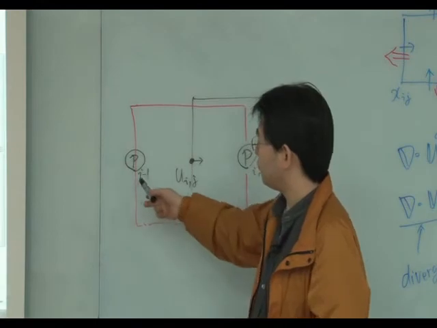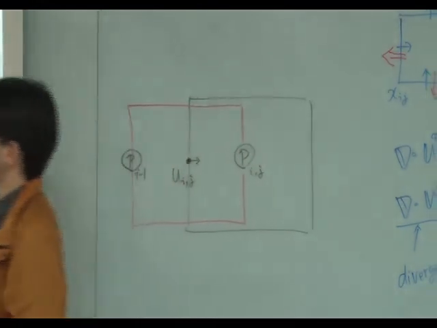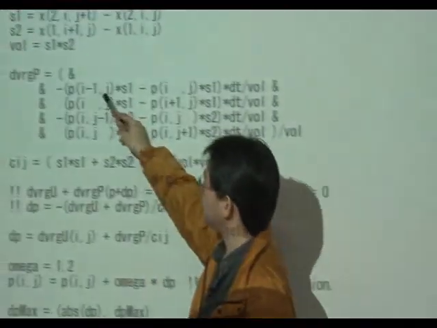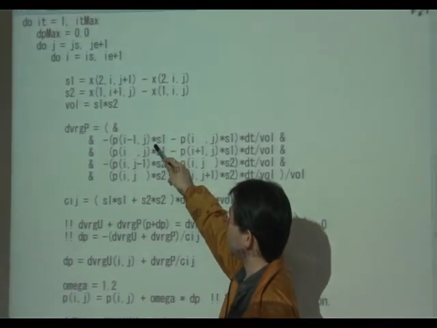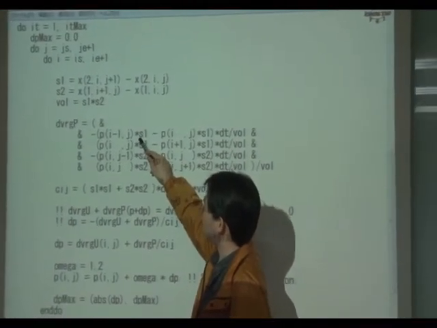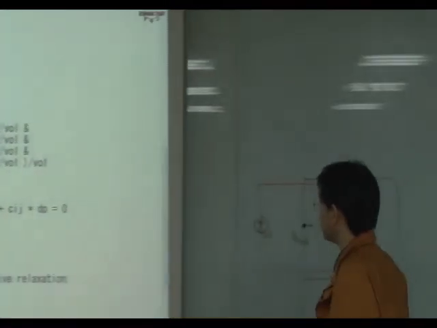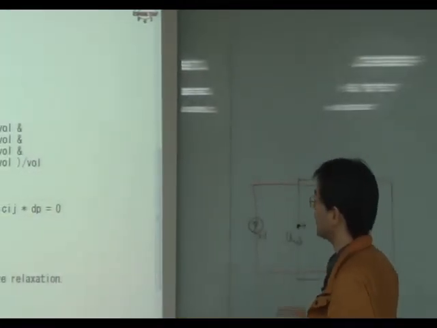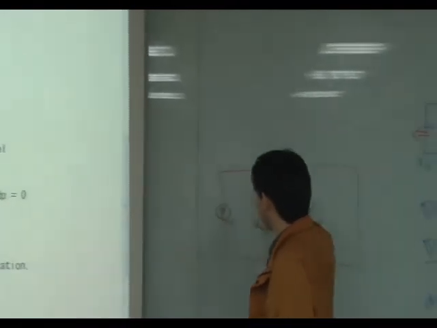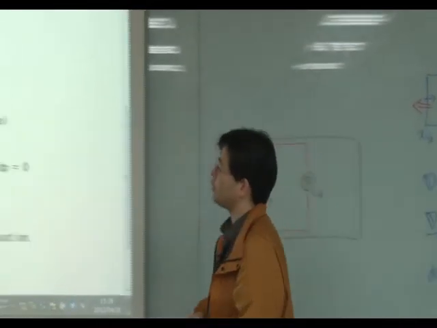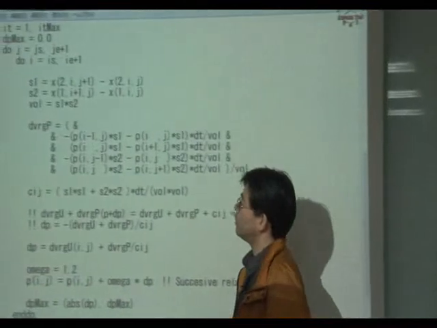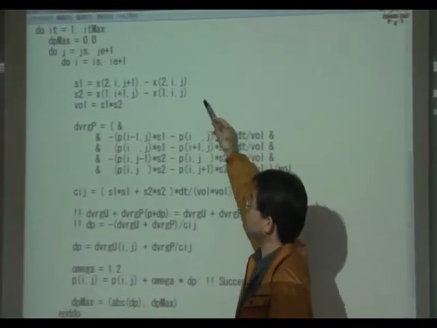So Pi minus 1, this will push the velocity point by the area of S1. Since it is in regular mesh, size of S1 is always the same. So I omit the precise calculation of S1.